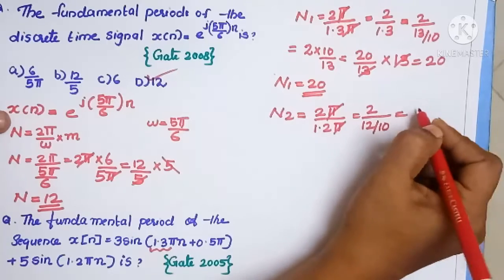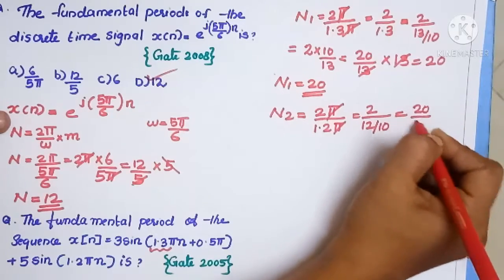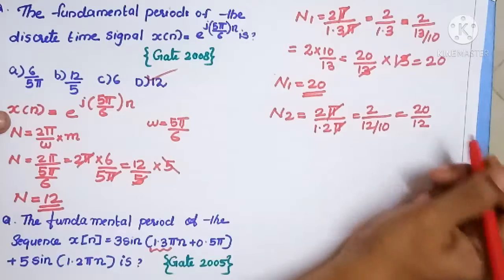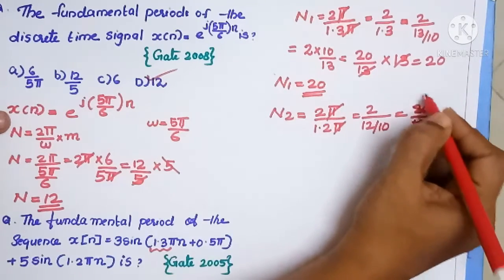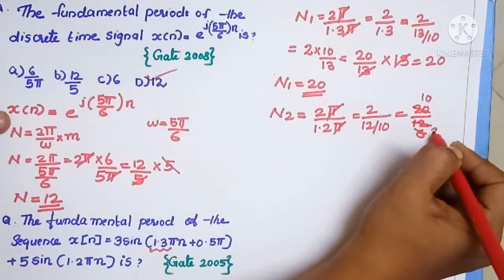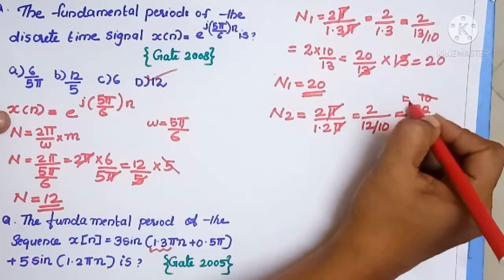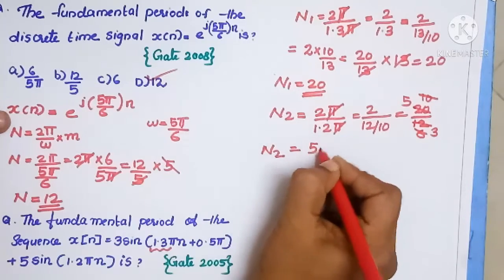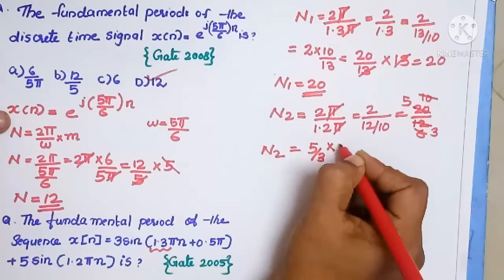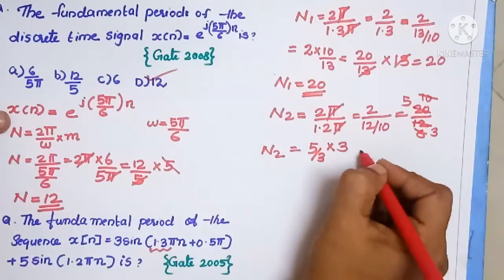So here you will get 20 by 12. Also here we can cancel 6, 10, and 3, 5. So you will get N2 as 5 by 3 into, you can take 3 as the smallest integer.